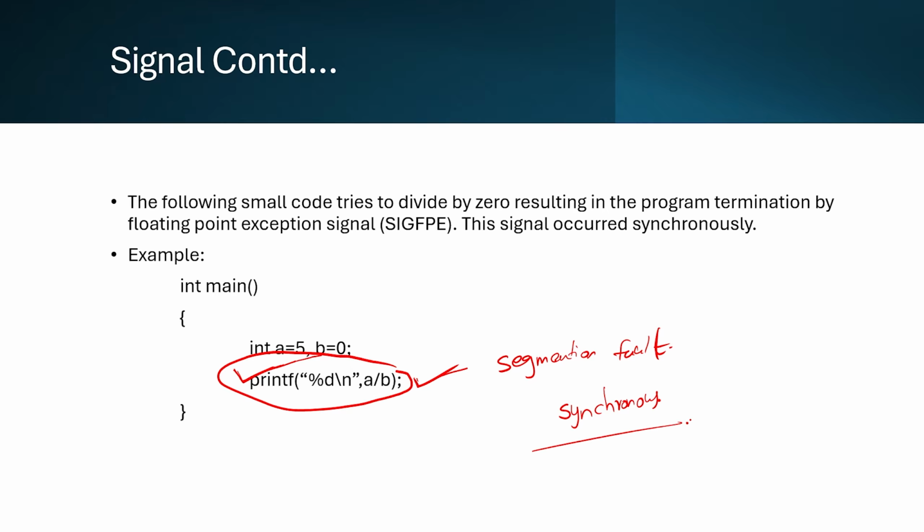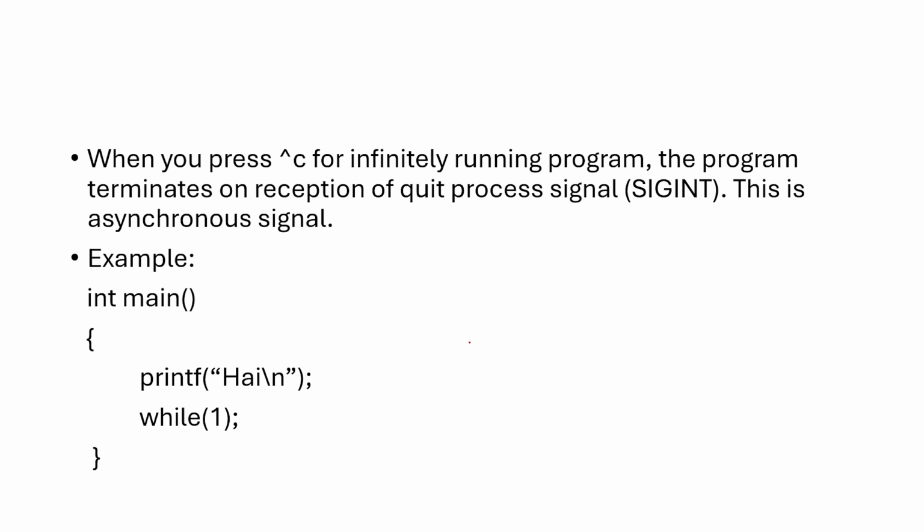Okay. Next, asynchronous. See this example here. Just one print statement is there, "hi", next while one. If you execute this code, what is the output? The output will be "hi" continuously, meaning the program keeps executing continuously.